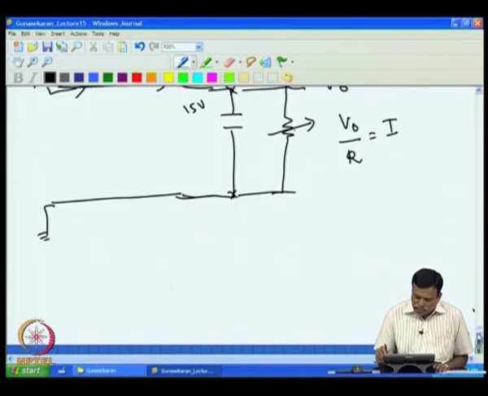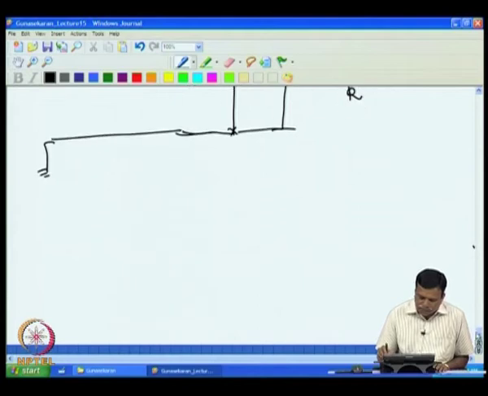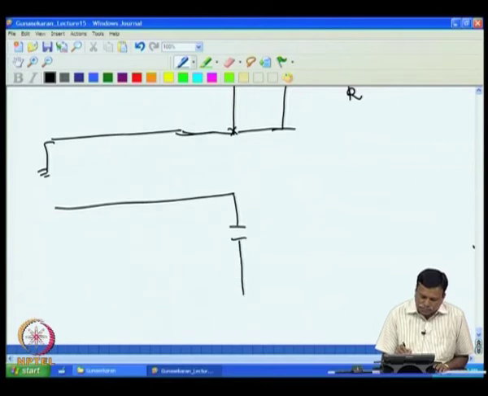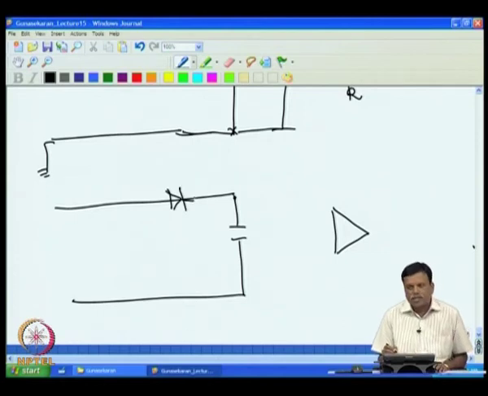What I do is, I will take now this current source. Now I put the capacitor here, then I connect the operational amplifier here, and then I power the operational amplifier also there, and to avoid the capacitor being discharged, I put a diode so that the current cannot go back.